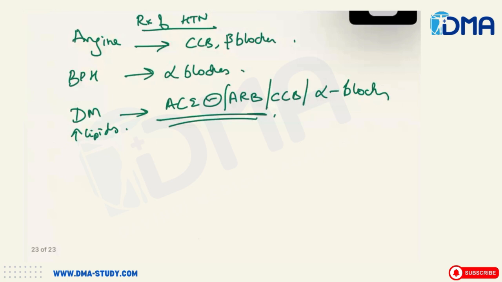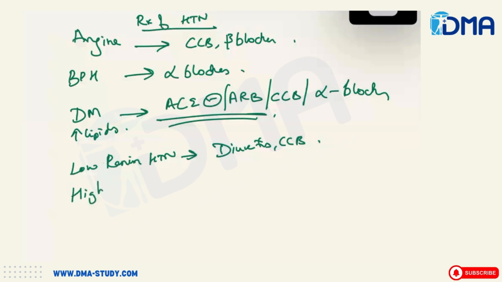If the patient has low renin hypertension, then you treat with diuretics and then calcium channel blockers. If it's high renin hypertension, you treat it with ACE inhibitors, ARBs, and beta blockers.